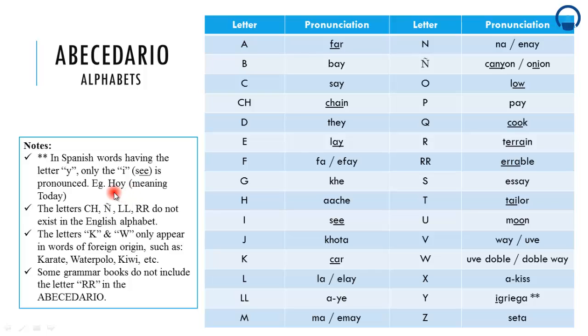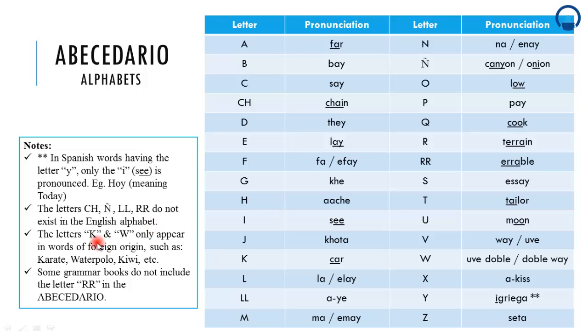Next point, there are 4 extra alphabets in the Spanish abecedario that do not exist in the English alphabet series, and those 4 alphabets are CH, N with a tilde, double L and double R. In some grammar books, this double R letter will be excluded.